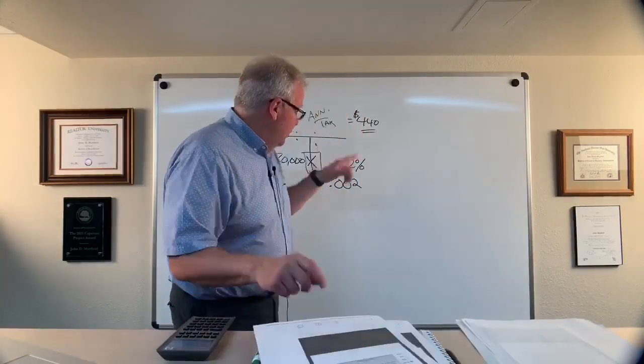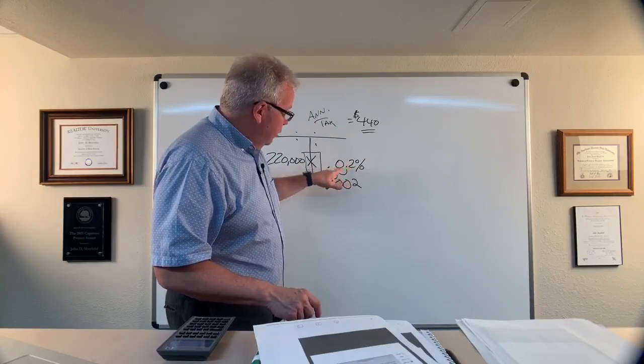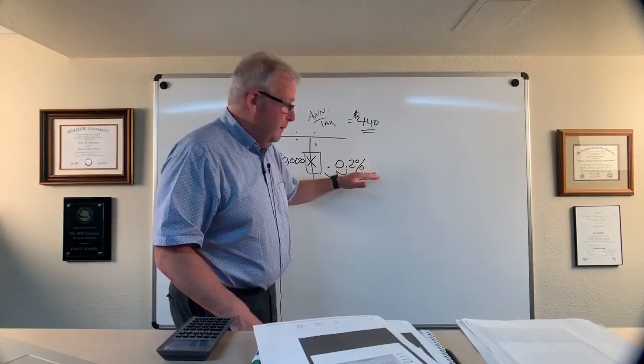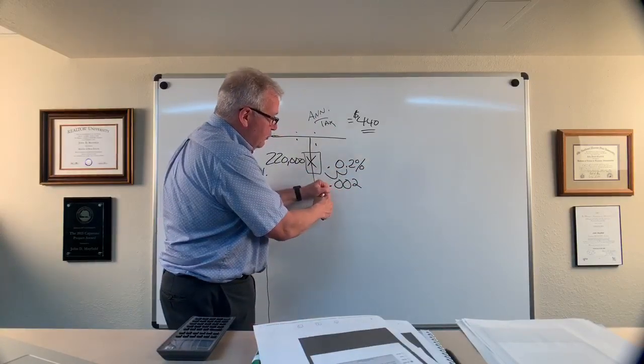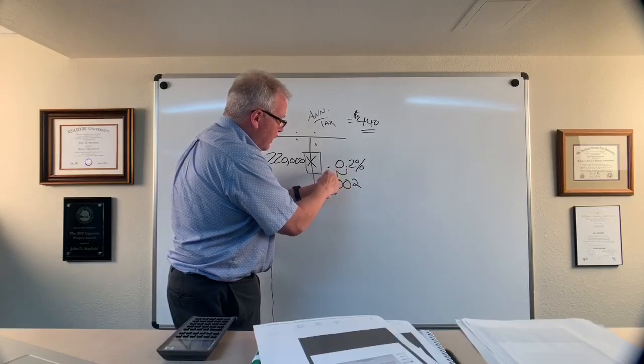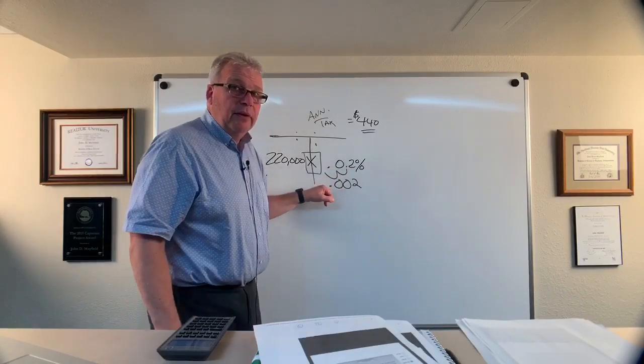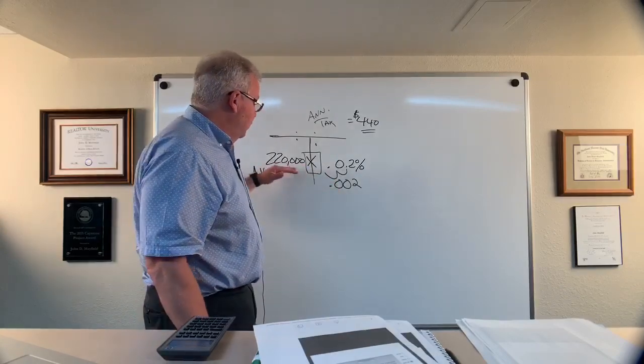So since it's 0.2%, you need to move that out 2 places. When you do that, you have to throw an extra zero in there, okay? So that's what you did wrong.